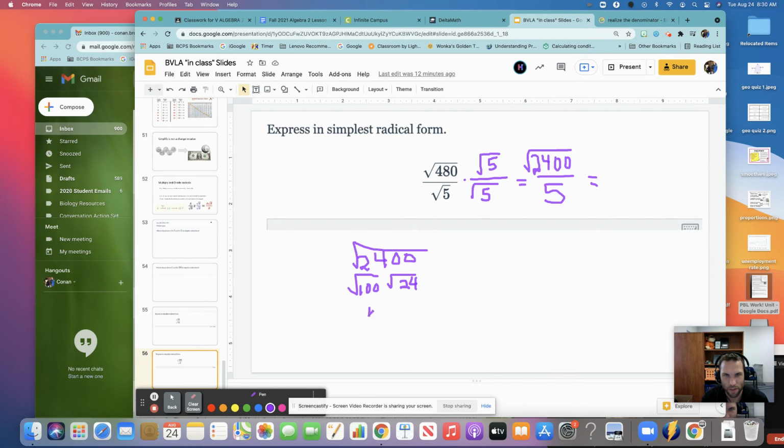This is 10, and then this is 4 and 6, which is 2, so it's 20 root 6, and this is the same 5.